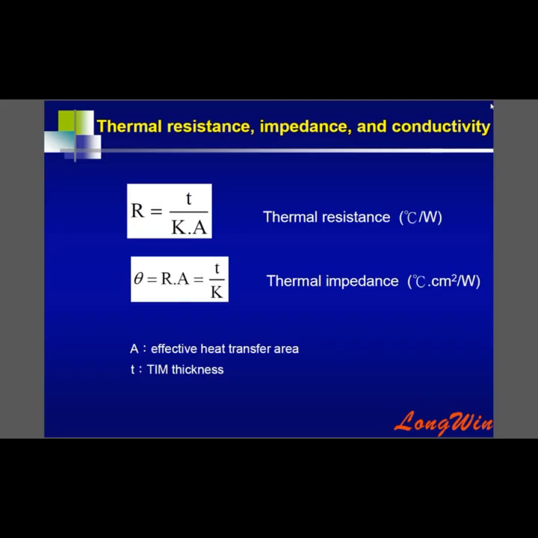Another thing to consider, thermal conductivity is the property of a material. Take copper as an example, which thermal conductivity is around 400 watt per meter per Kelvin. No matter the thickness or the dimension it is, these factors will not change the thermal conductivity.